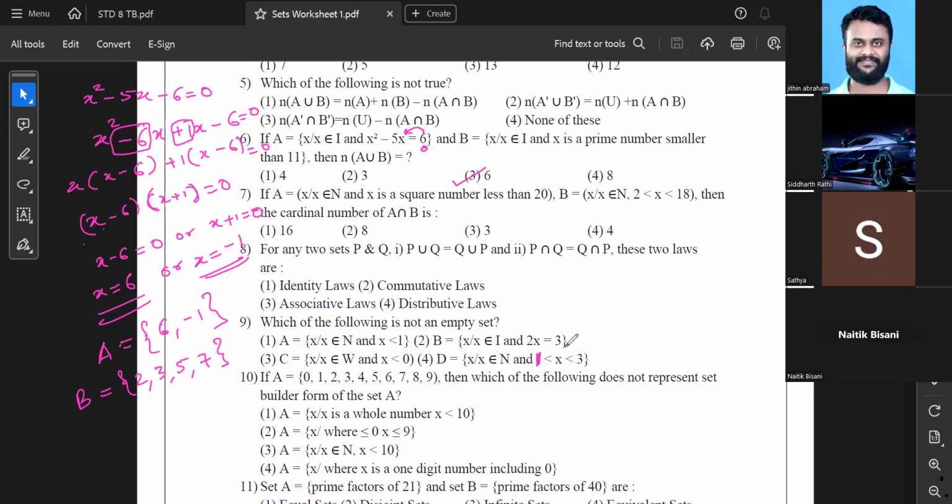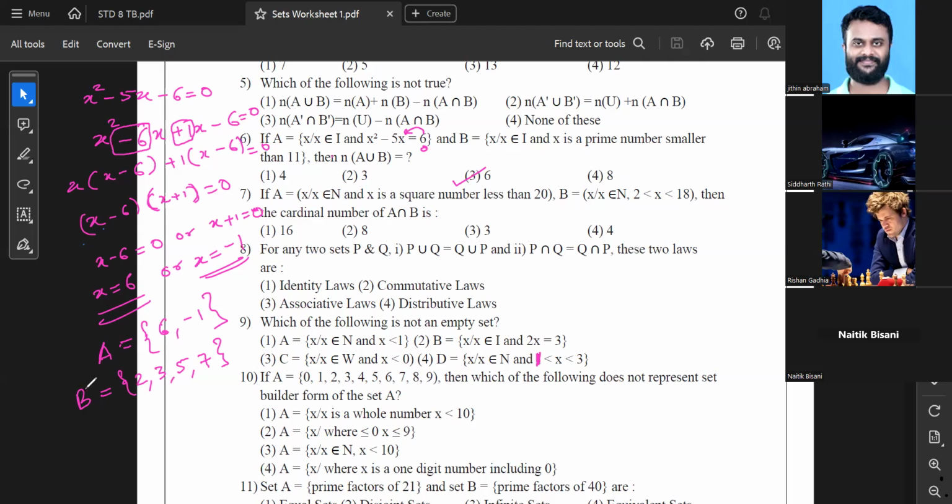X should be greater than an integer. How will you define an integer? The integer 0 will go, negative will also come. 0 minus 1. So 1 only will come. We can take n though.